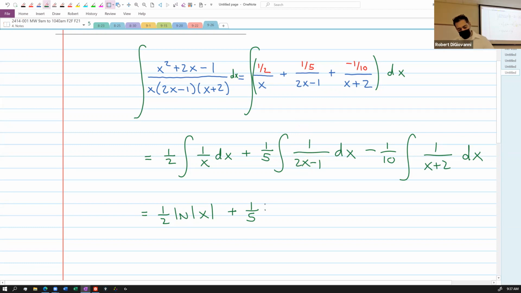So you'll have a 1/2 next to the 1/5, which becomes a 1/10, natural log of 2x minus 1. And then minus 1/10. Do we have to scale? No. So just natural log of x plus 2 plus c. The last step is just to put those together.